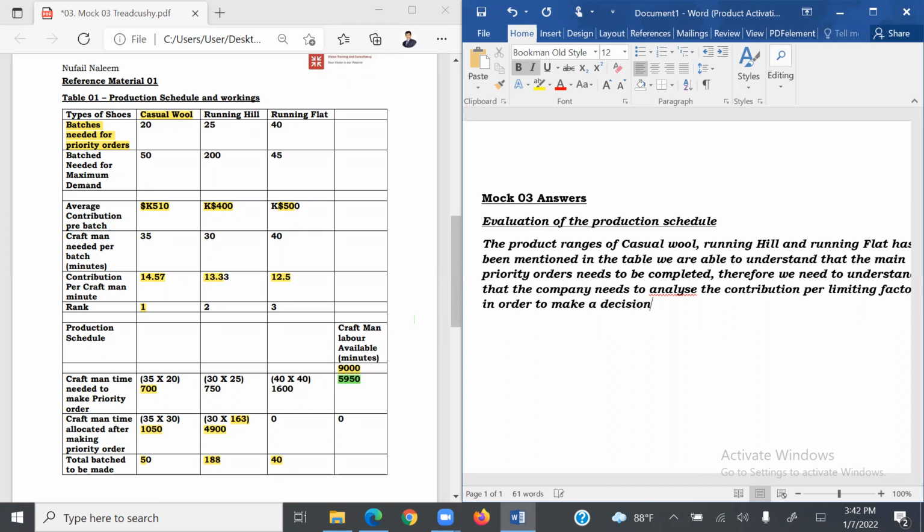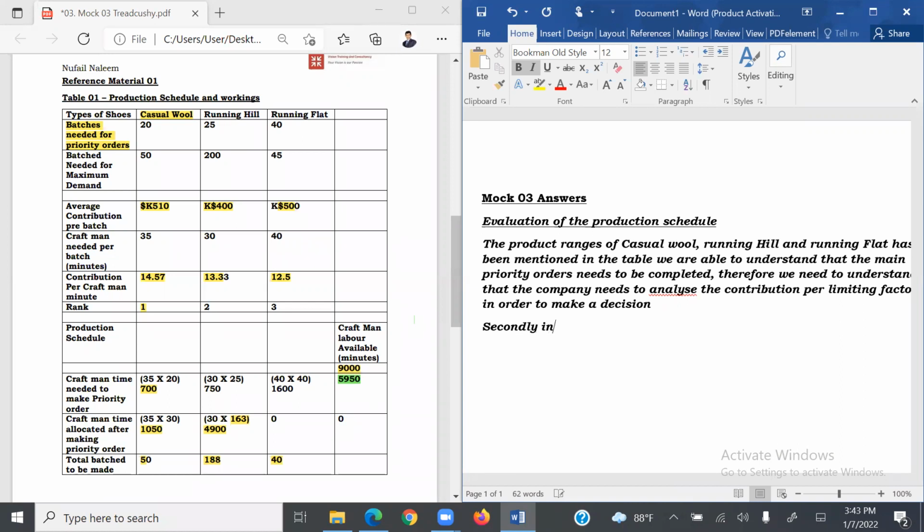So students, I believe this is clear. First of all, you rank the product and identify the demand. Now we need to identify which order to go with. So we need to identify the contribution per limiting factor. I'll write down here, students.